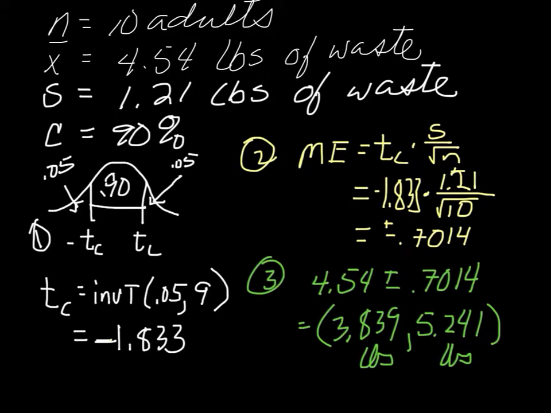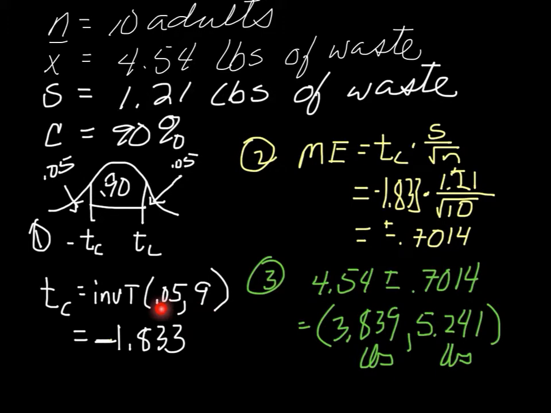So I've done all the calculations for this problem, and since we have done those, we have here our confidence intervals. So what I want to do is just walk you through it and see if this is what you got. The first thing we need to do was use the confidence level to find the critical value, and I did that by using inverse T, but you could have used the table in the back of the book.